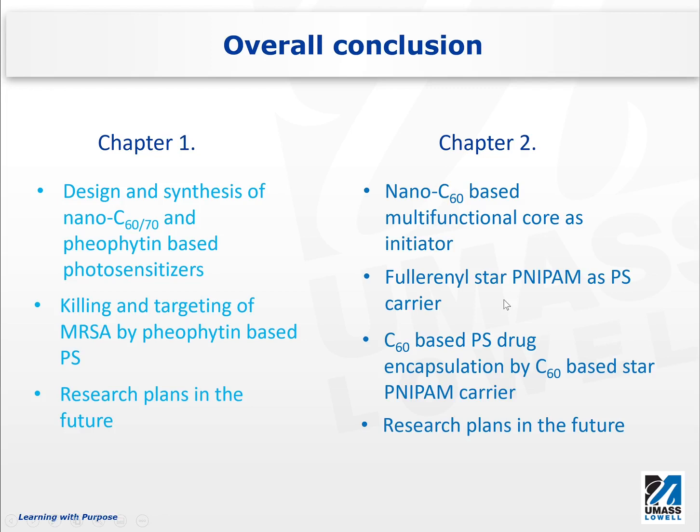And also I talked about fullerene star polynippon as a photosensitizer carrier. And then I talked about the fullerene-based photosensitizer drug encapsulation by C60-based star polynippon carrier. And also I talked a little bit about our research plans in the future.